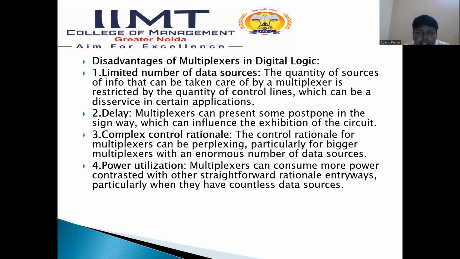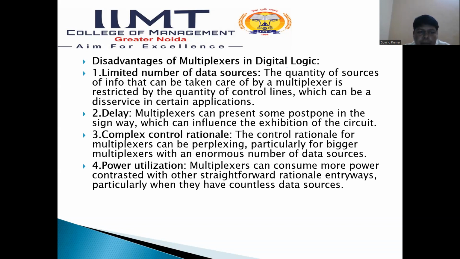Disadvantages of multiplexers in digital logic. Point 1, limited number of data sources: the number of input sources that can be handled by a multiplexer is restricted by the number of control lines, which can be a limit in certain applications. Point 2 is delay: a multiplexer can introduce some delay in the signal, which can influence the performance of the circuit.